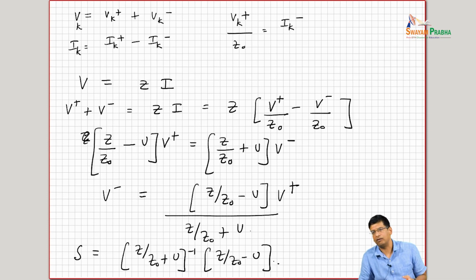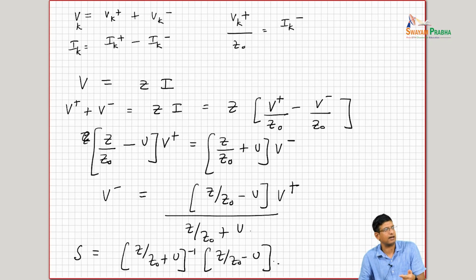So we use S because it's sort of easy to measure. You can always analyze your network in Z or Y and then convert it back to S. You can measure S and then convert it back to Z and Y if that helps you in the analysis, right? But the S parameters are not some network parameters that are specific to high frequency or some unique set of network parameters that are different from the others.